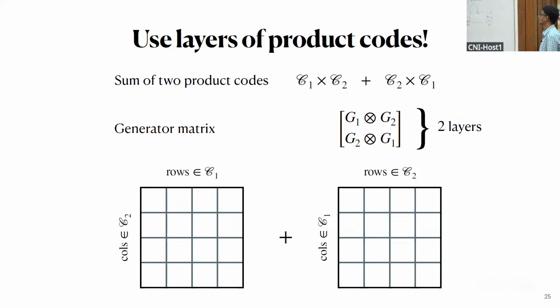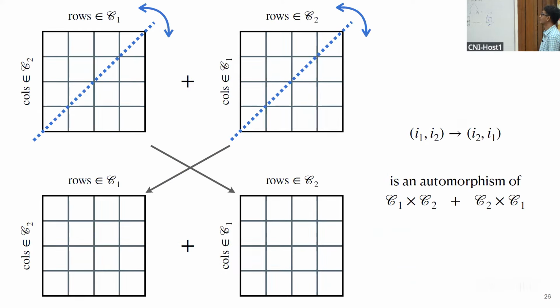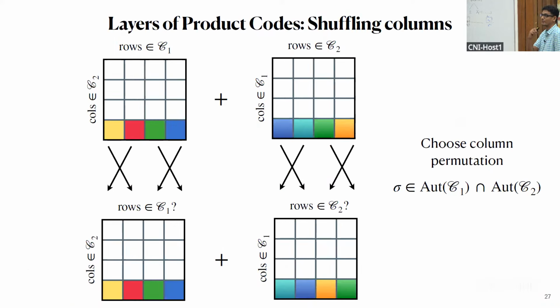Now here, of course, you can apply the flip. If you flip this code word, you get a code word of this sort, and if you flip this code word, you get a code word of that sort. So flipping is allowed. But I need to go back and check that my column permutations and row permutations are intact. I just need to check that, then I'm done. So what do I do here?